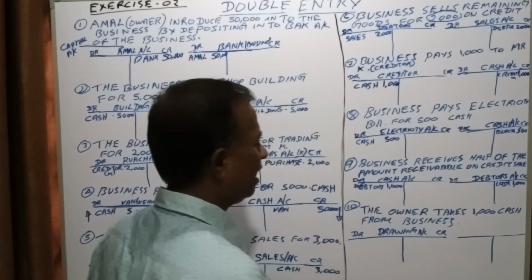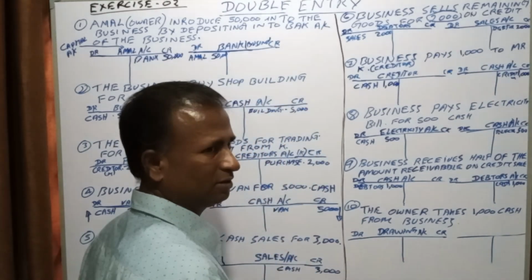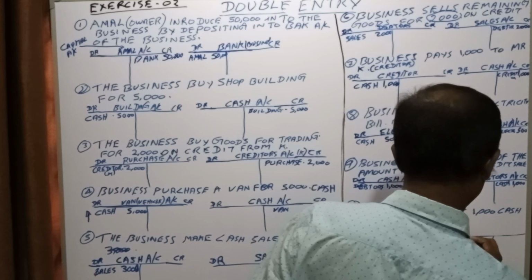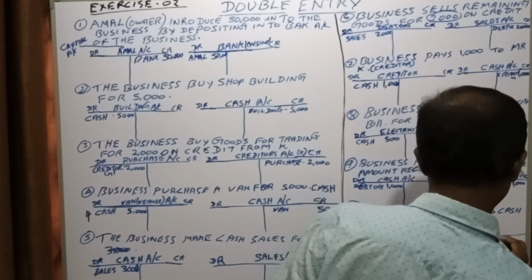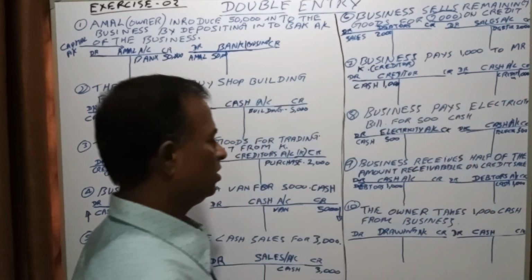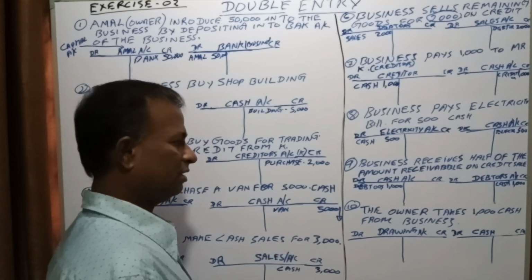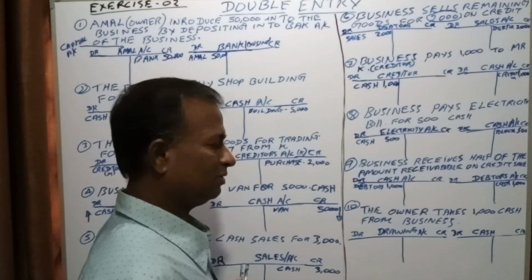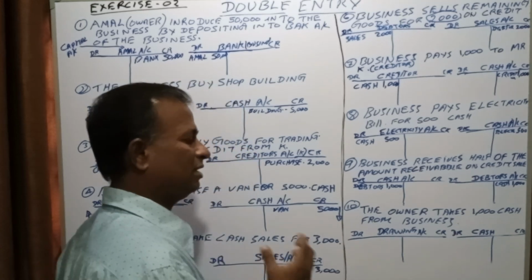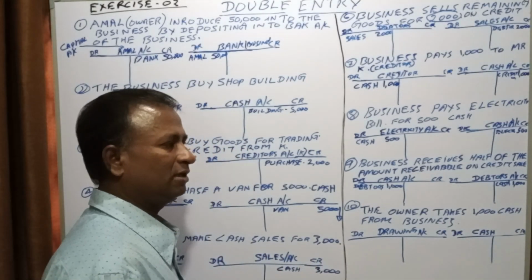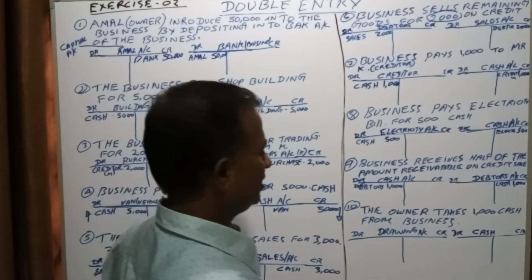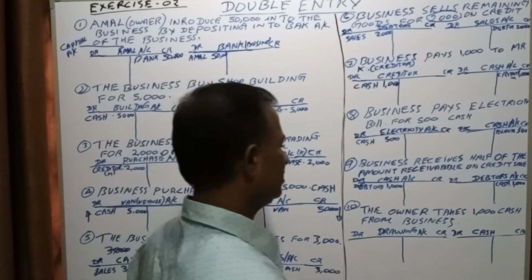Drawings account, and what is the other account affected? Tell me. The other one is the cash account. This is credit. Drawings means the owner has to repay us because he is taking money out. That is an increase in assets, and if there is an increase in assets, we have to pass a debit entry.